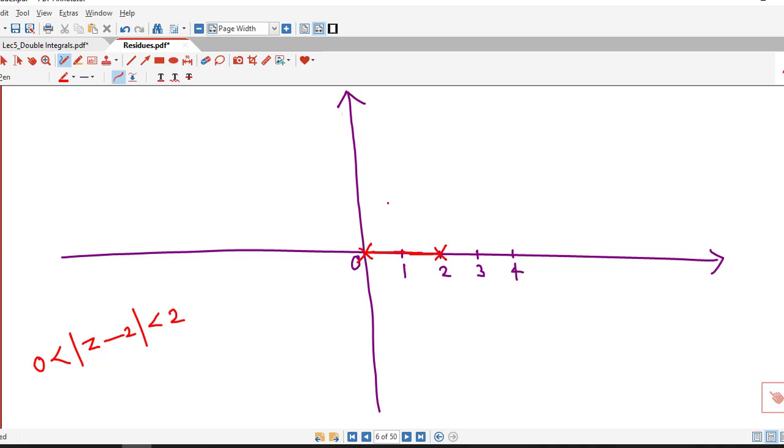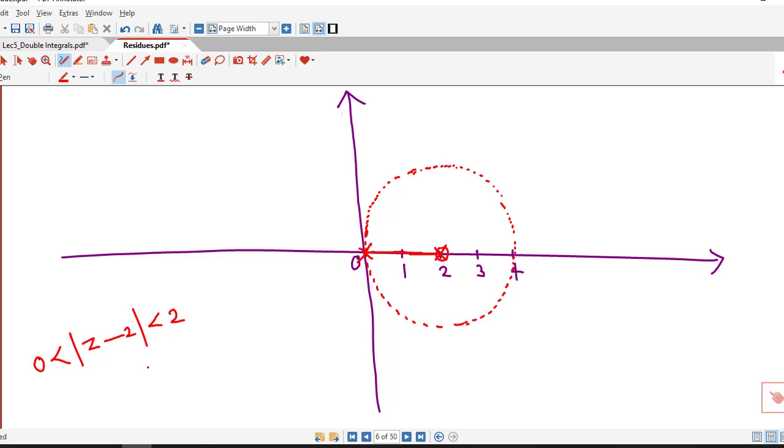That will be the circle passing through z equal to 0 and z equal to 4. We just try to approximately sketch the circle. So this is the circle with center z equal to 2 and radius 2.